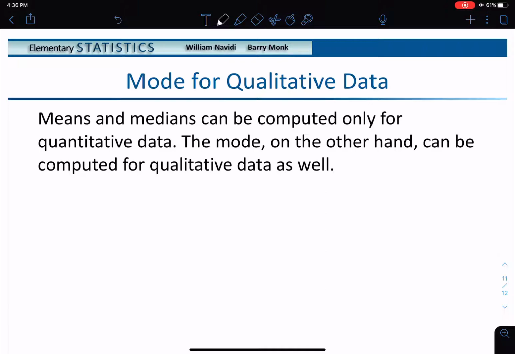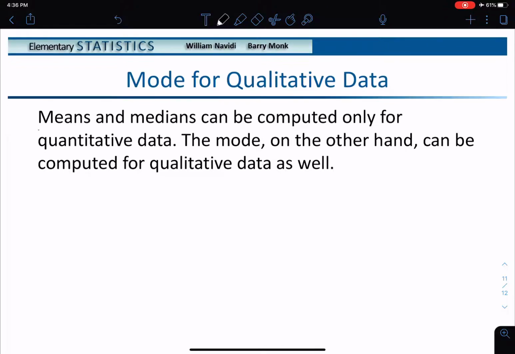Mode for qualitative data. Okay, means and medians can be computed only for quantitative, for number data. However, the mode, on the other hand, can be computed for qualitative and quantitative. So, mode is something that happens most frequently.